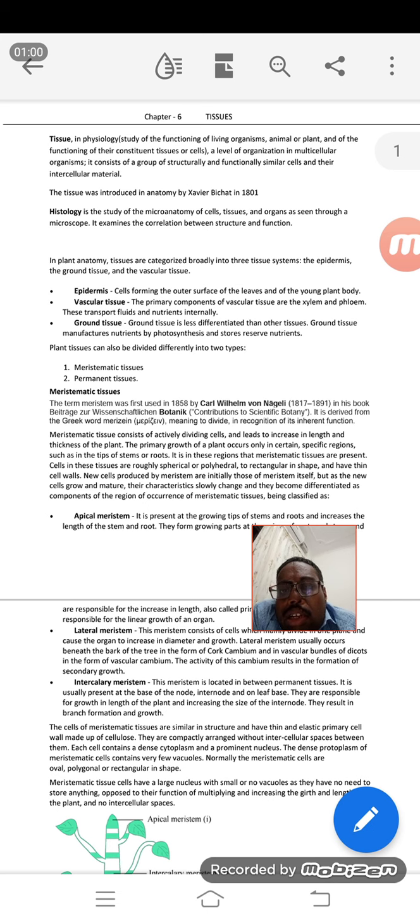Before entering into the details, we have to know what a tissue is. The word tissue originated from a French term, tissuer, which means woven.